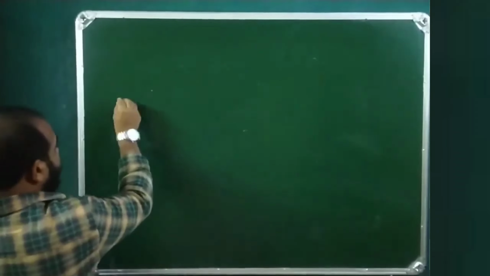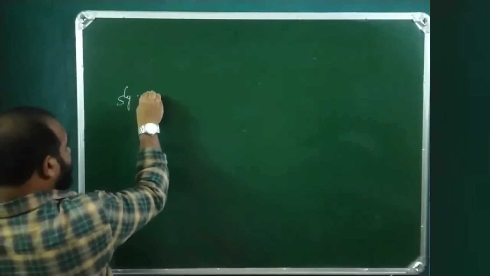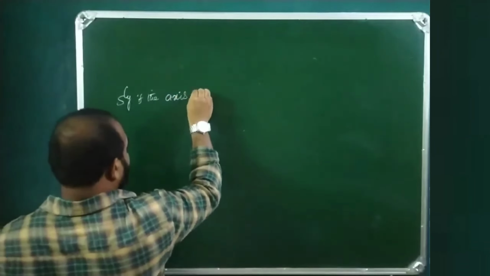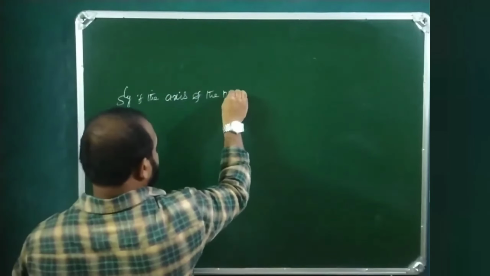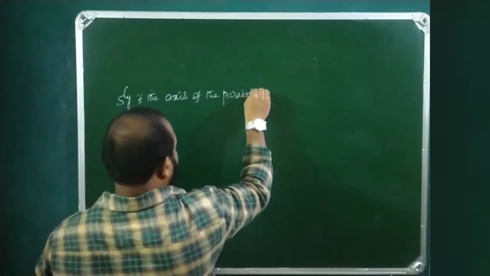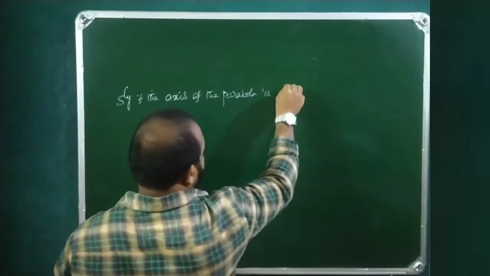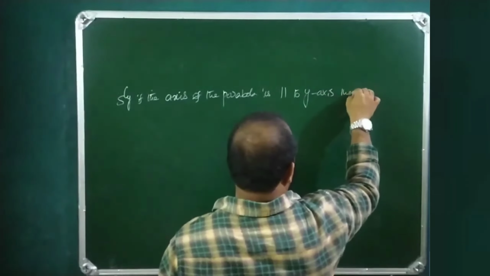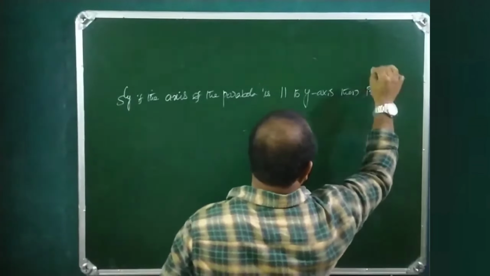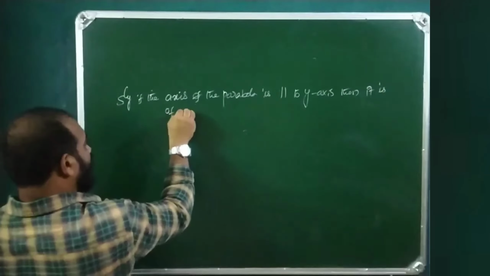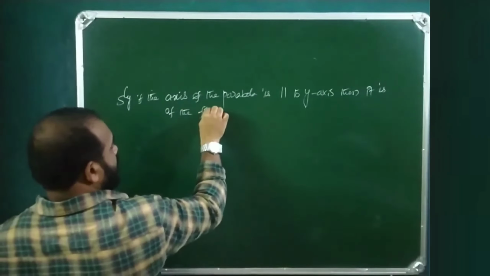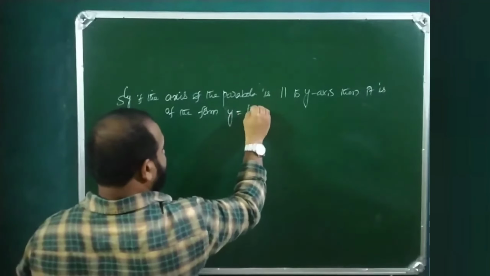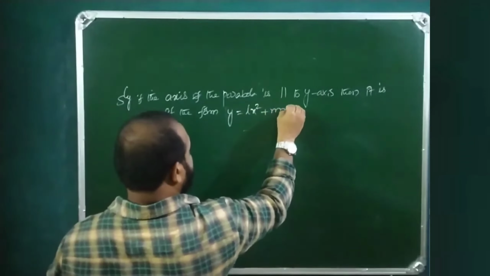Similarly, if the axis of the parabola is parallel to y-axis, then it is of the form y equals lx square plus mx plus n.